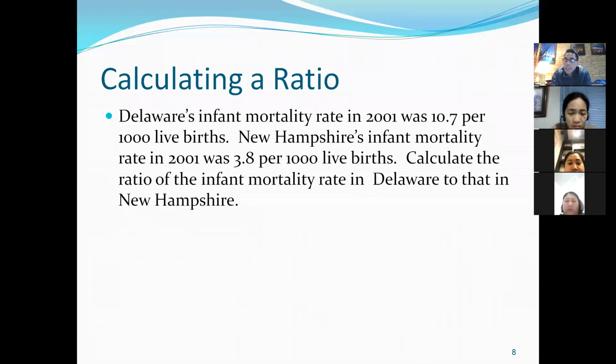What we're going to report, because again, a ratio of 1:1 is equal, but every time we get more than one, then we simply state that Delaware has 2.81 more, or 2.81 higher infant mortality rate when compared to the infant mortality rate in New Hampshire in 2001. That's the way we report this statistic.